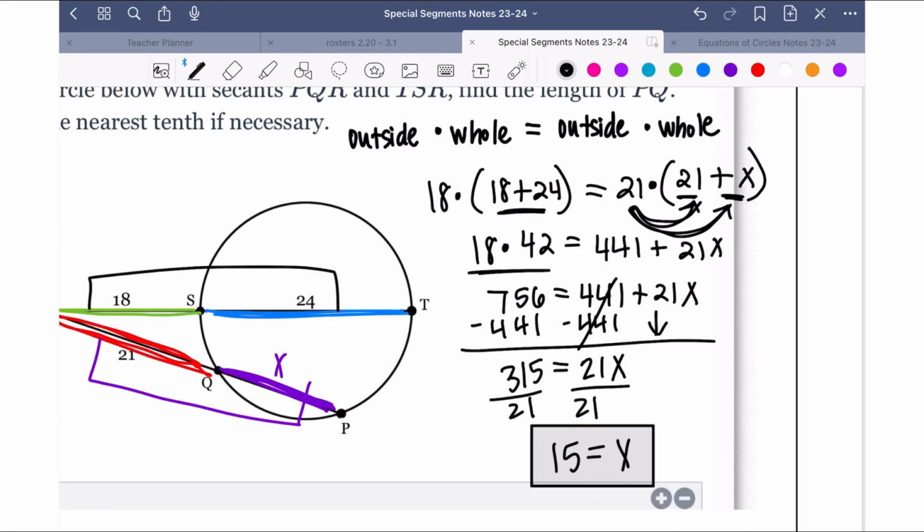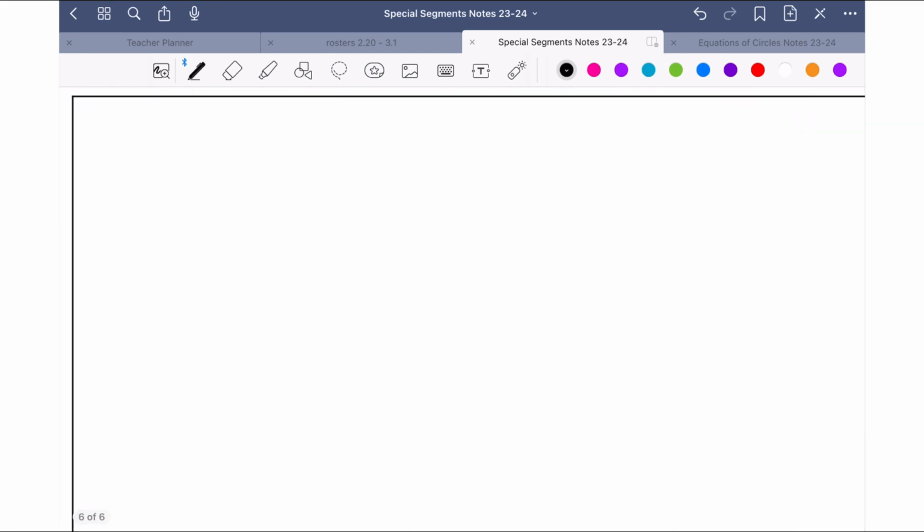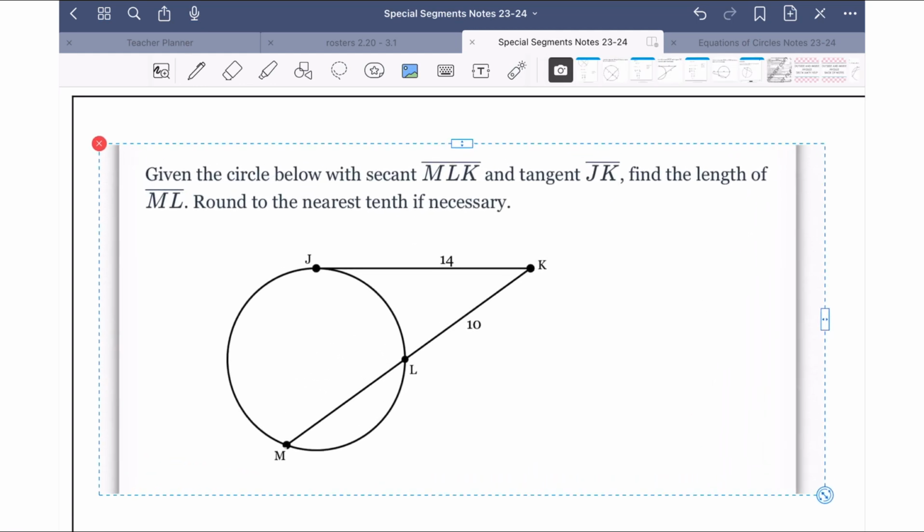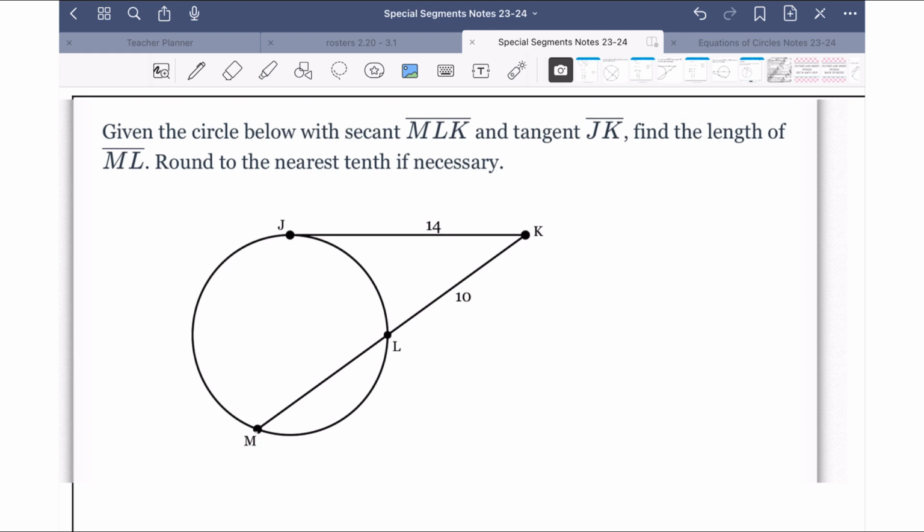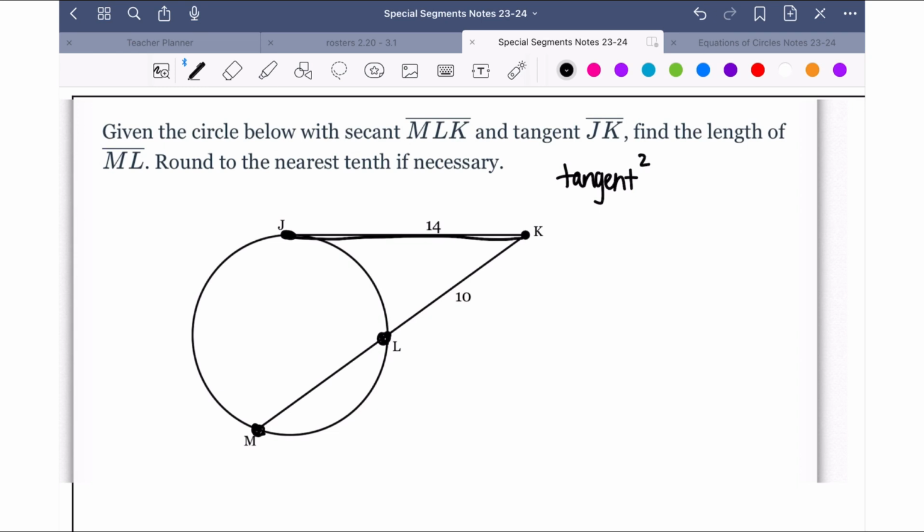The last one will be tangent and secant. So I have it here. Okay, for this scenario, I know it's tangent because it's touching the circle once for this segment and twice for this one. So this one is your tangent segment squared equals the outside times the whole thing for the secant segment.